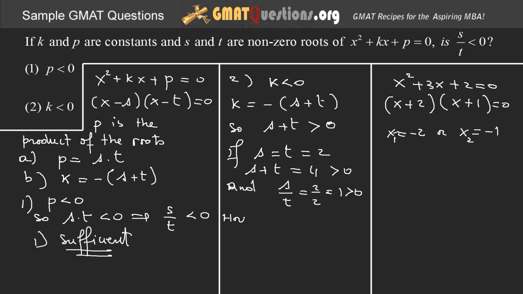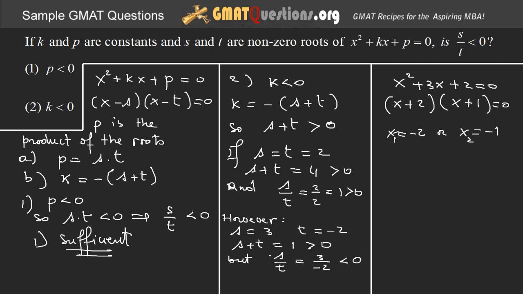However, if you choose s equal to maybe 3 and t equal to negative 2, the sum s plus t is equal to 1, greater than 0. But s over t is equal to 3 over negative 2, which is obviously less than 0.